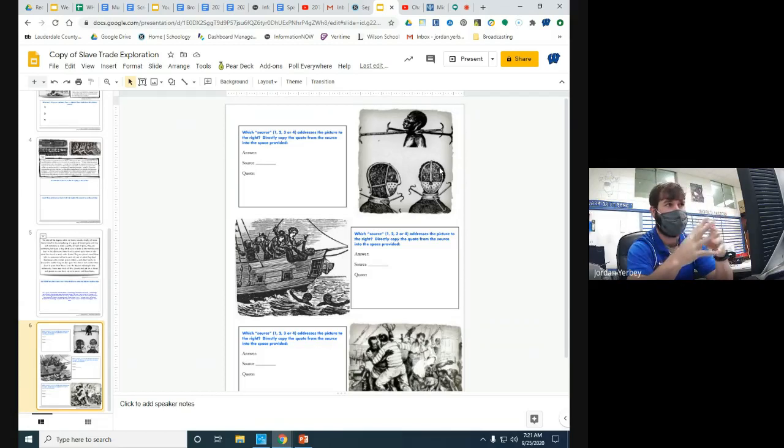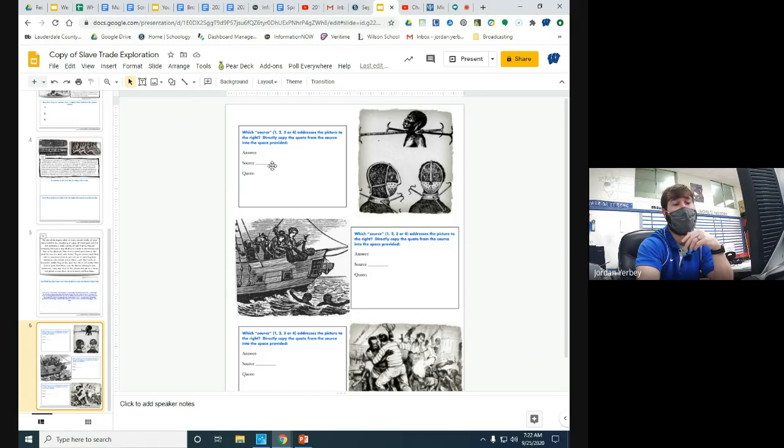So the first one says, which source, 1, 2, 3, or 4, addresses the picture to the right? Directly copy the quote from the source into the space provided. So what you do is you're saying, okay, this one's talking about shackles and muzzles and things of that sort. So you would answer whatever you think it is, 1, 2, 3, or 4, and then what the source was, and then who wrote the quote.